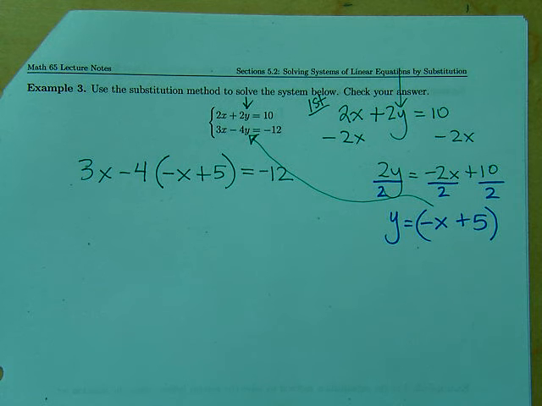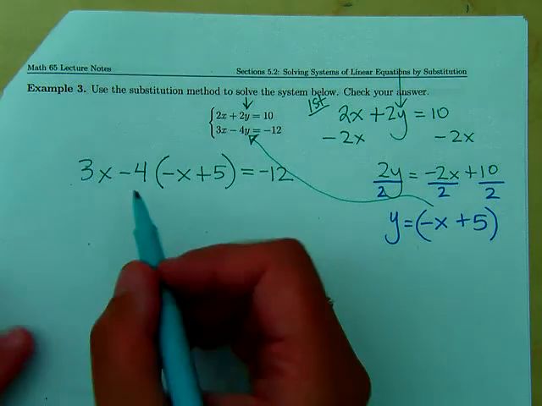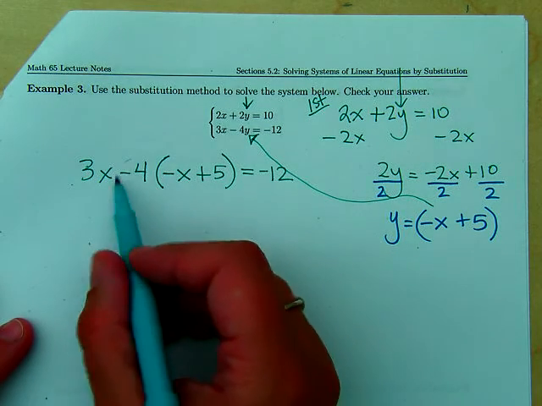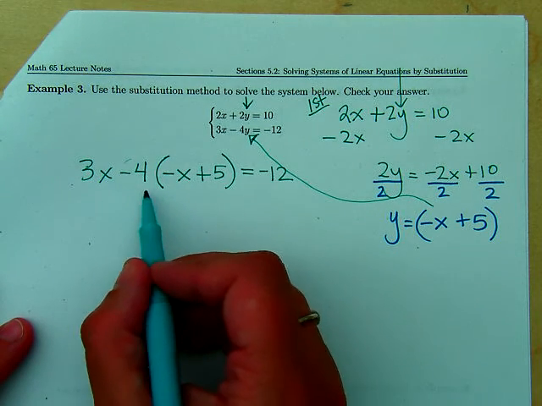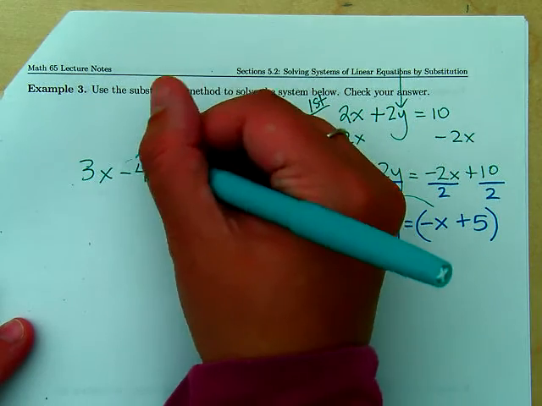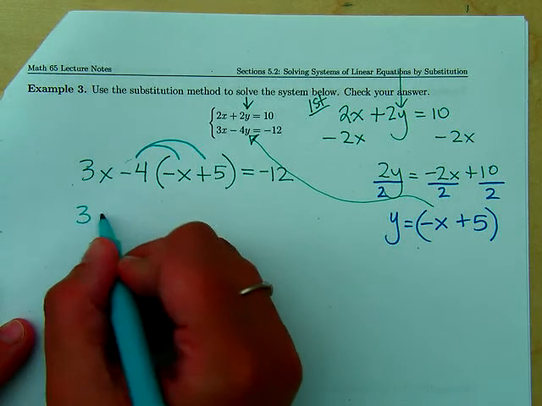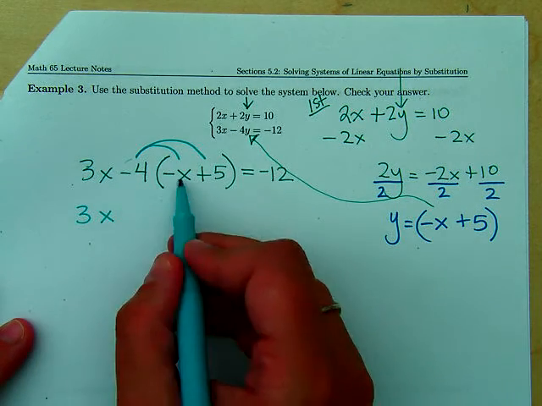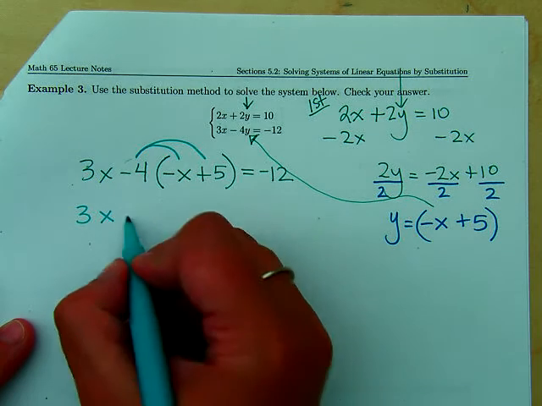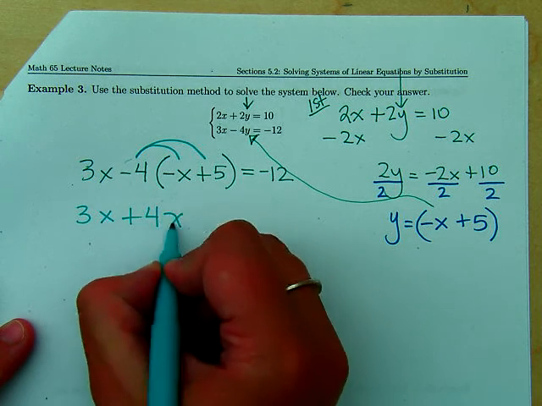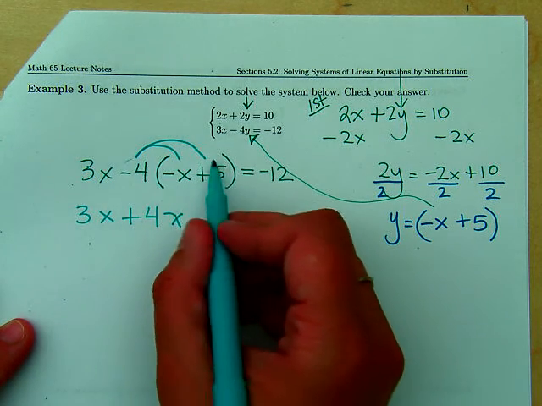Now, I'm going to actually take you even one step further, because some of the most common mistakes happen right at this point, and that's the distributive property. It's because this is a negative 4, right? Does everybody see that that negative belongs to the 4? So when you distribute, you have to be really careful about your signs here. We're going to get 3x, negative times a negative gives you a positive 4x, and then what's negative 4 times 5?